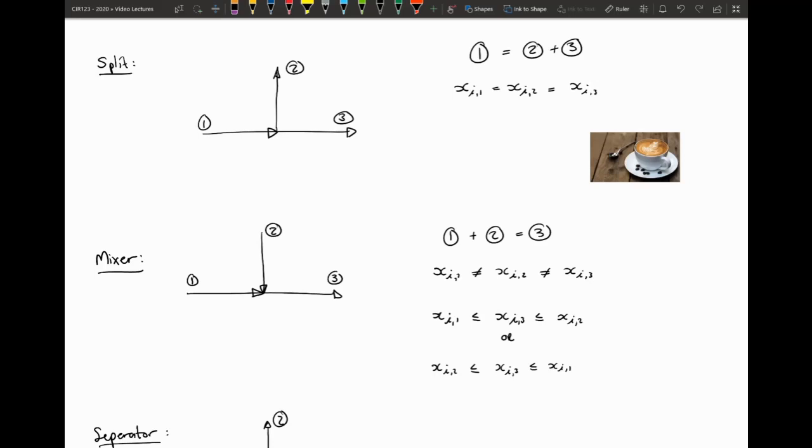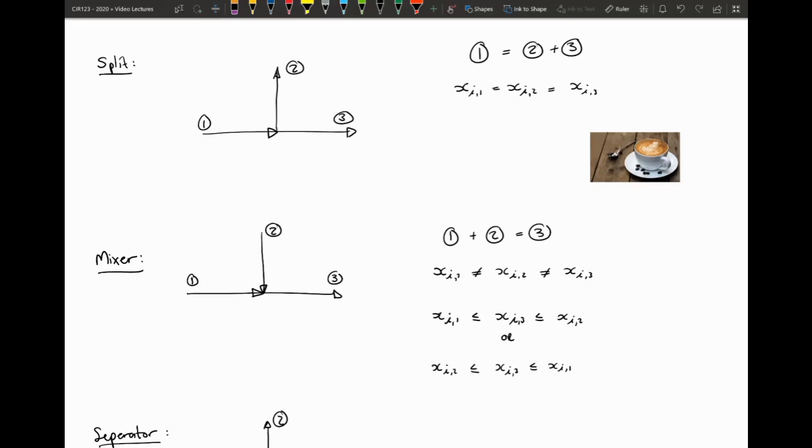So if I say, for instance, 100% water coming in 1 and 100% milk coming in 2, then the composition for stream 3 must be less than 100% water and must be less than 100% milk. But it must also be bigger than 0% water and 0% milk, which are the two compositions for stream 1 and 2, and 3 being somewhere in the middle.